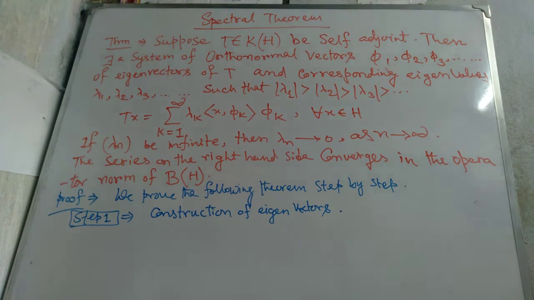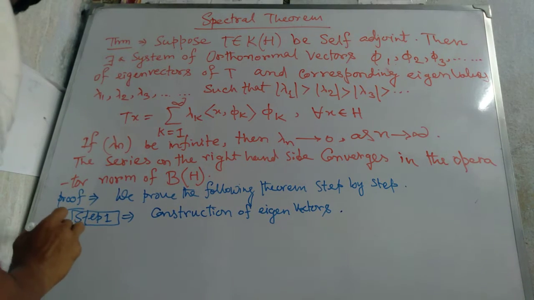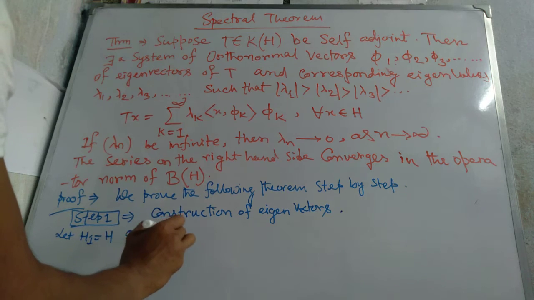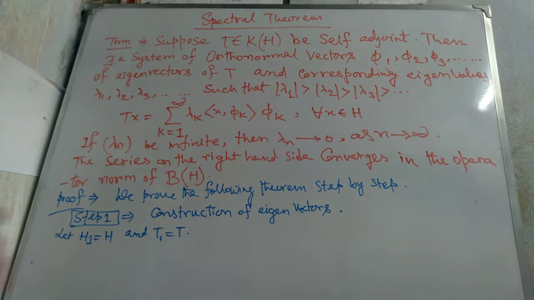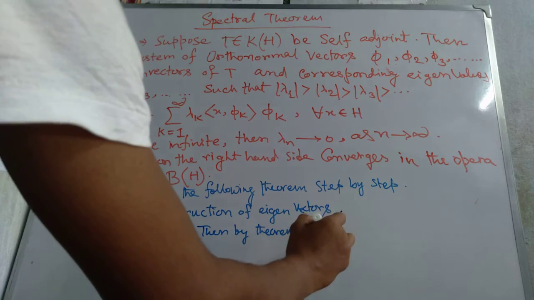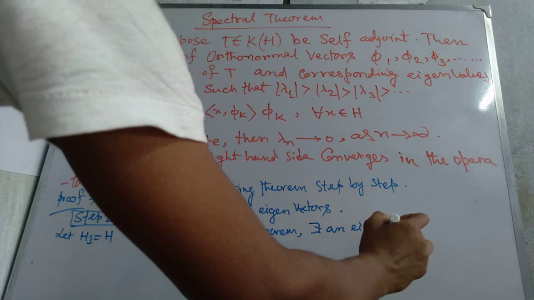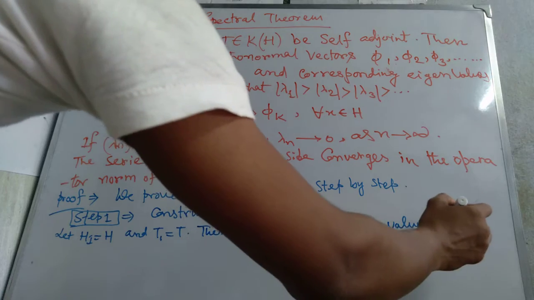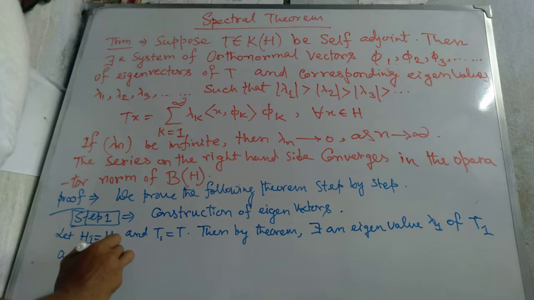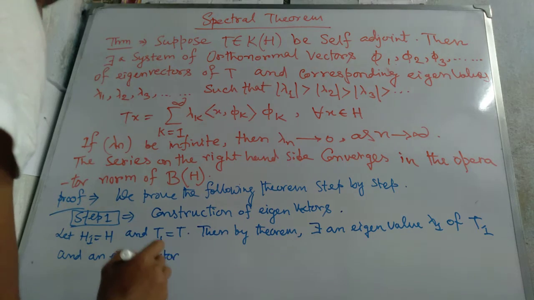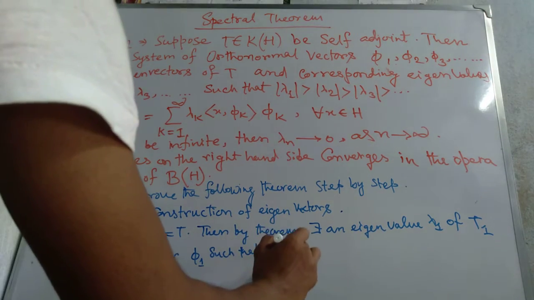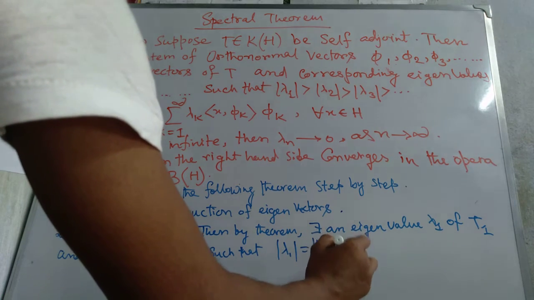Let H1 equal H and T1 equal T. Then by the earlier theorem, there exists an eigenvalue lambda 1 of T1 and an eigenvector phi 1 such that the modulus of lambda 1 equals the norm of T1.